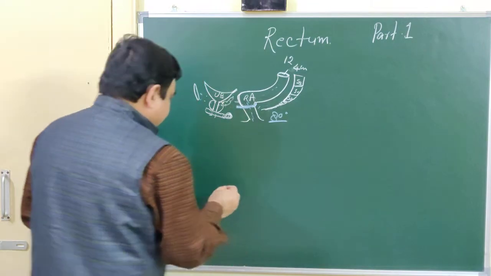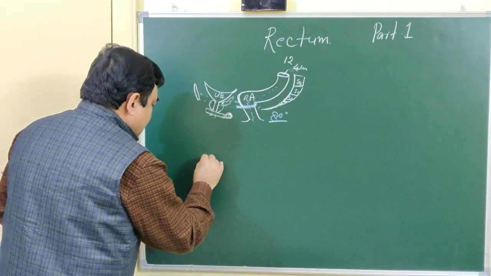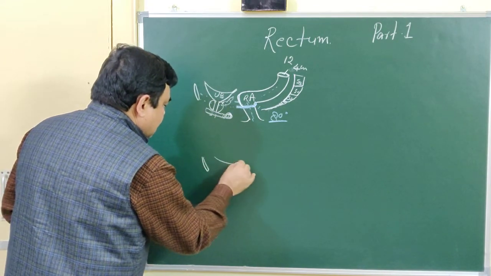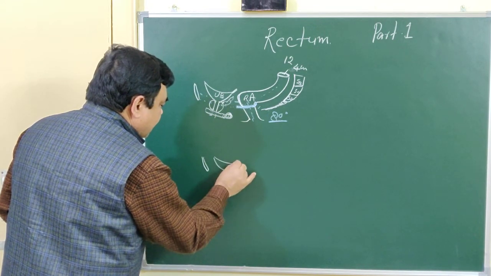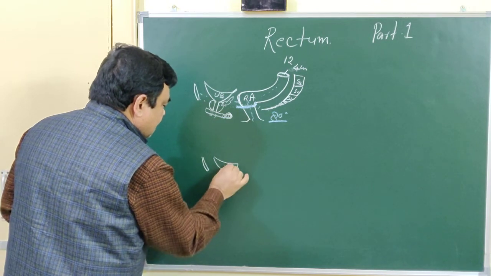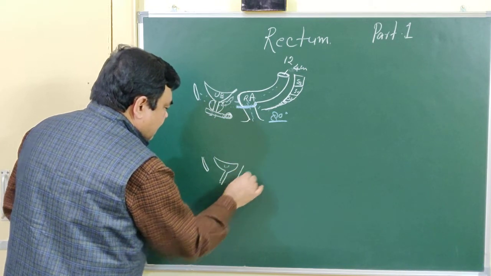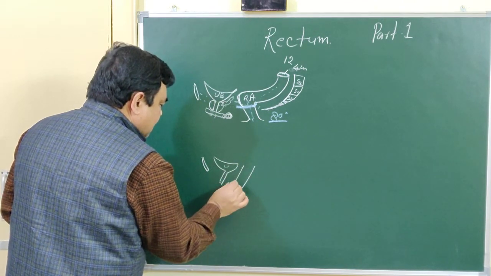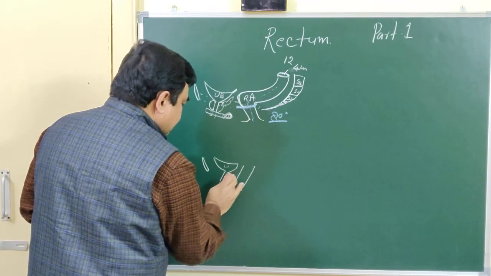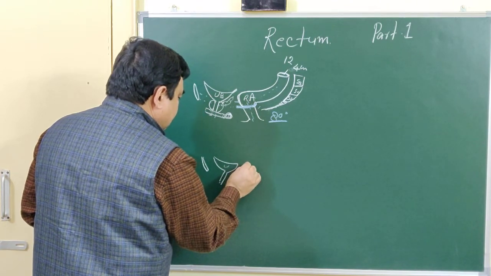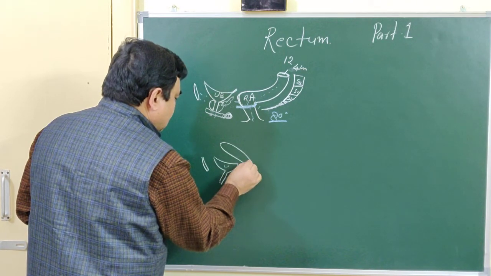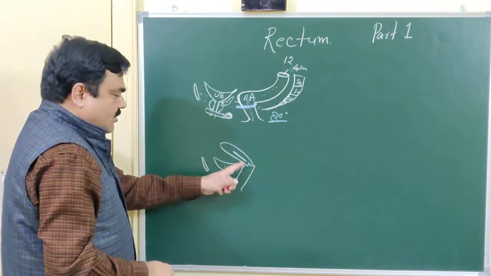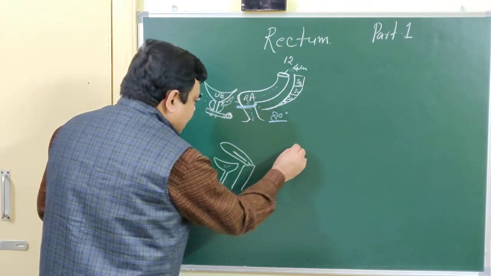Here is another diagram. This is the female pelvic organ. Here is the urinary bladder, urethra. This is the vagina, anterior wall, posterior wall. Here are the uterus, cervix, vagina.